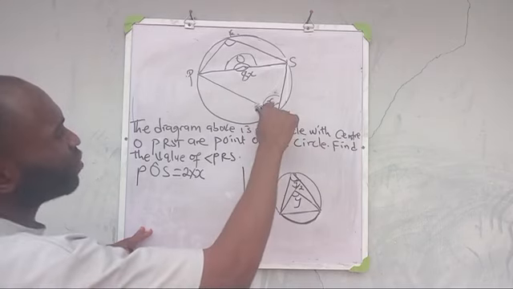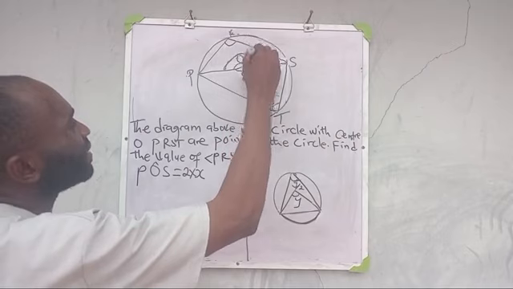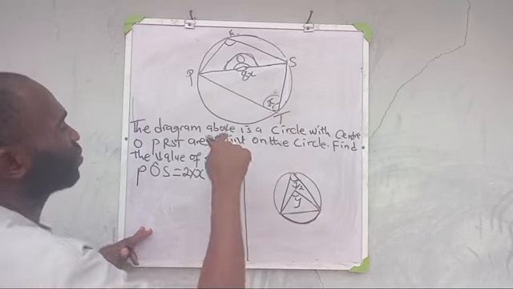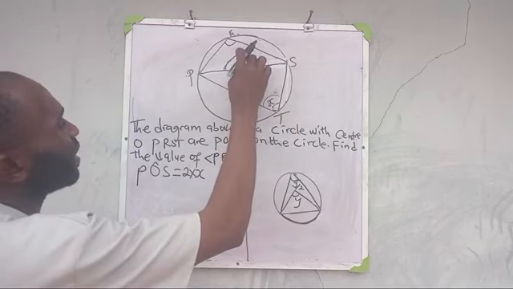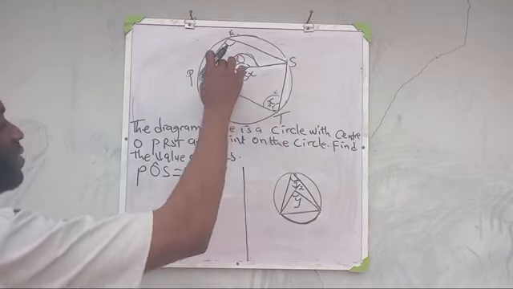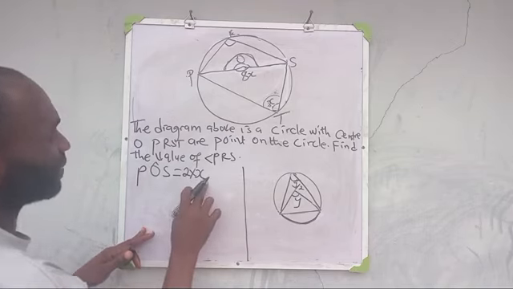Why? Because the angle at the center is twice the angle sustained at the circumference. So for you to know this particular angle here, you multiply x by 2. So angle POS is 2x.